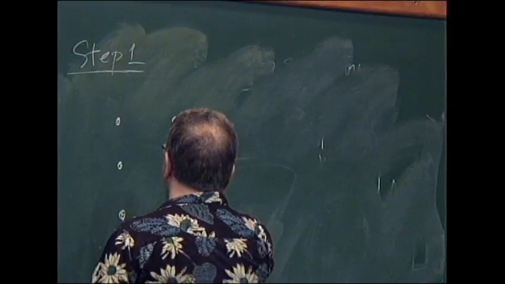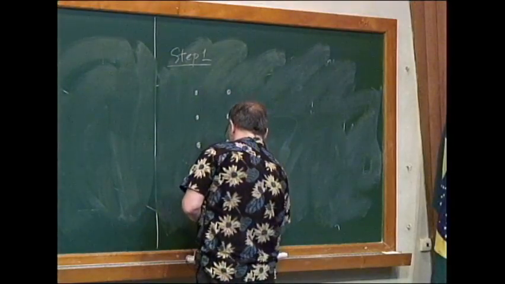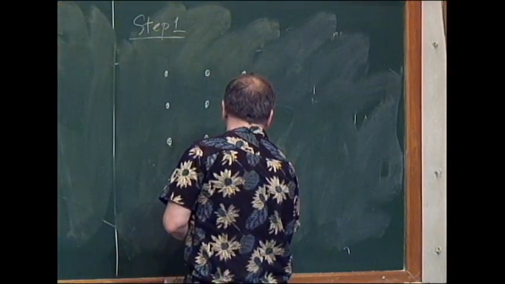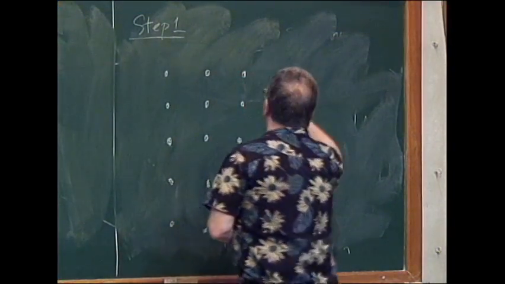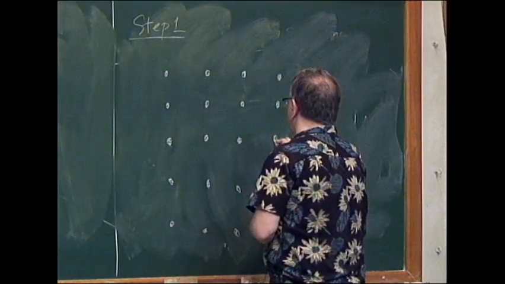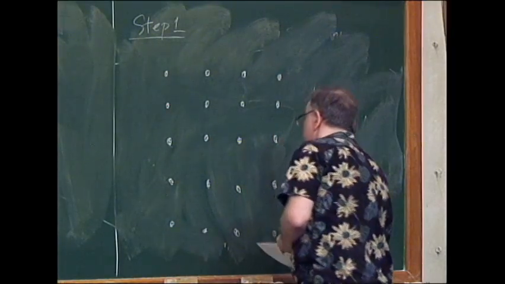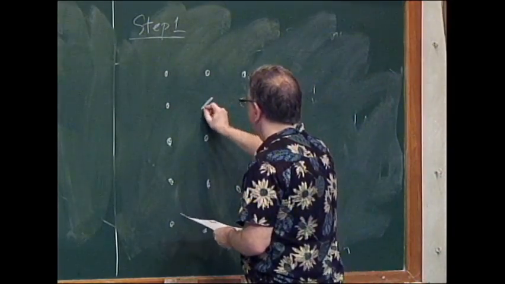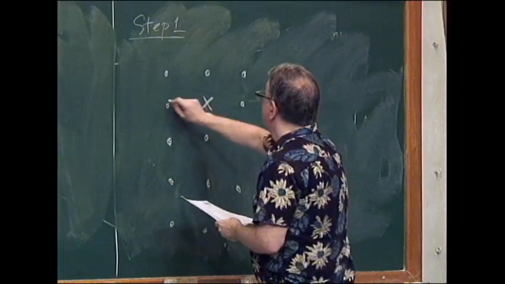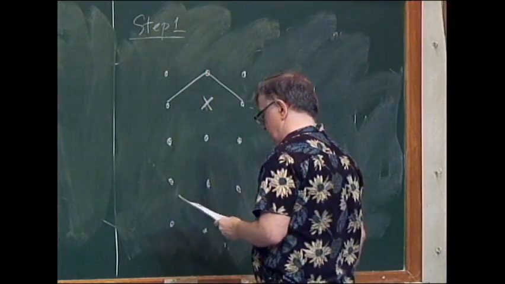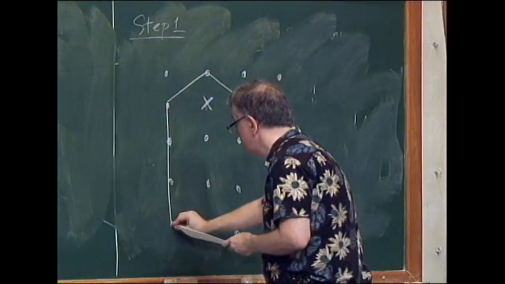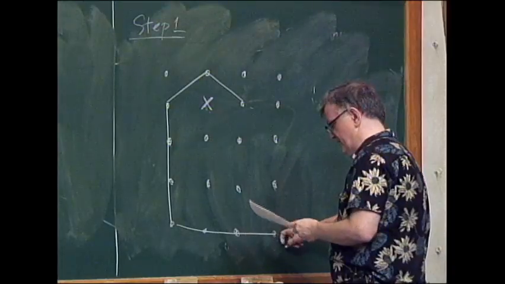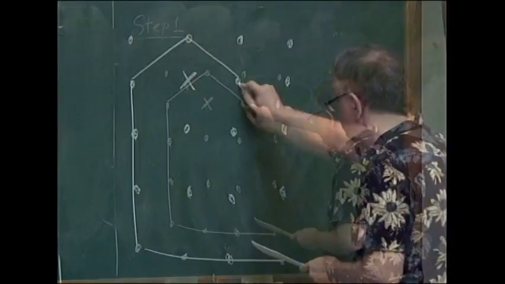I'm just going to put these dots as the lattice points. It's supposed to be a lattice polygon. And this is where the origin is, so we'll put a cross. I know it looks crazy, but this is a very nice polygon.